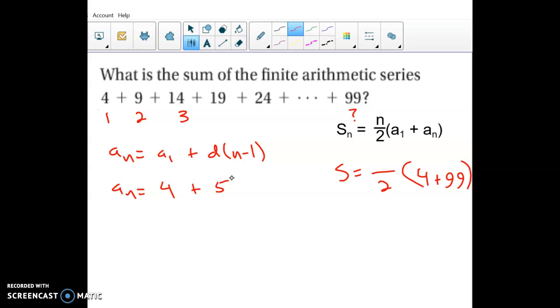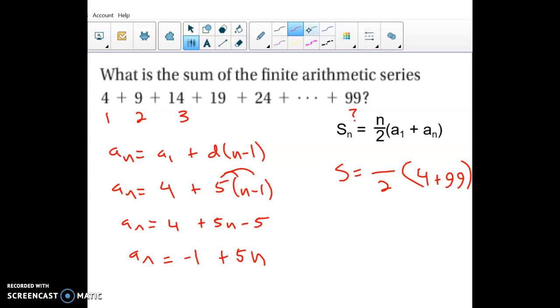So we start at 4 and we go up 5, n minus 1 times. I'm going to do my cleanup here real quick. So an equals 4 plus 5n minus 5. Then combine the 4 and the negative 5. Then the question becomes, how do we find this value here?